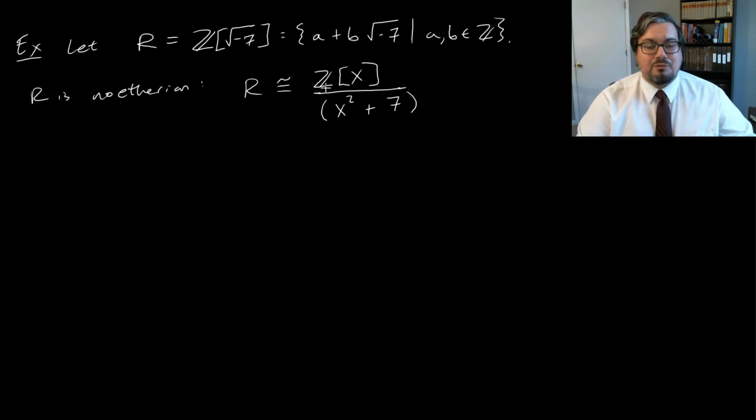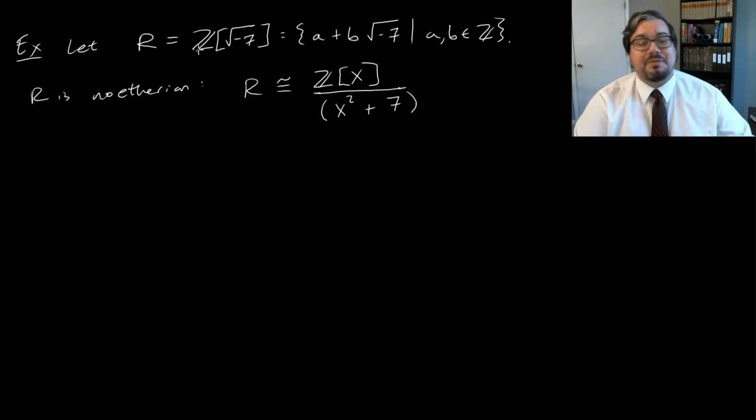And we know from previous sections that Z is a principal ideal domain, hence Noetherian. We know that a polynomial ring over a Noetherian ring is Noetherian, and we know that a factor ring of a Noetherian ring is Noetherian. So the ring R that we're looking at is Noetherian.